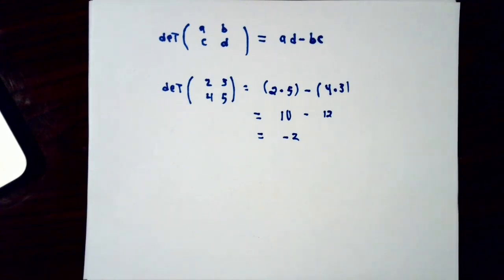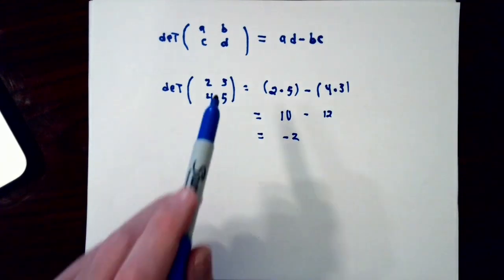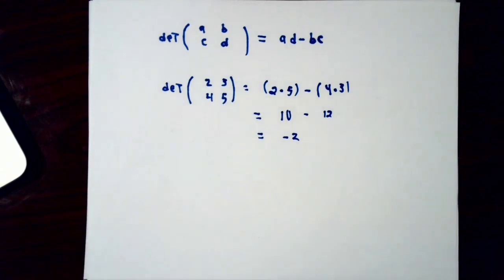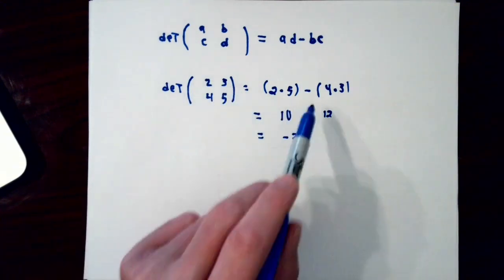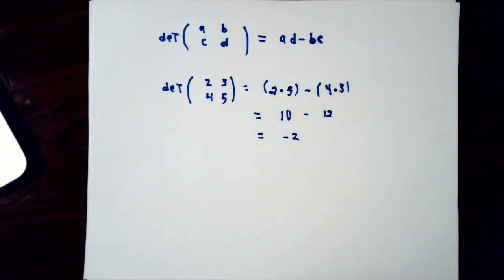As an example, the determinant of the matrix 2, 3, 4, 5 is 2 times 5 minus 4 times 3, 10 minus 12, negative 2.